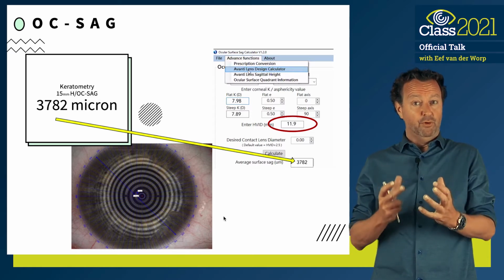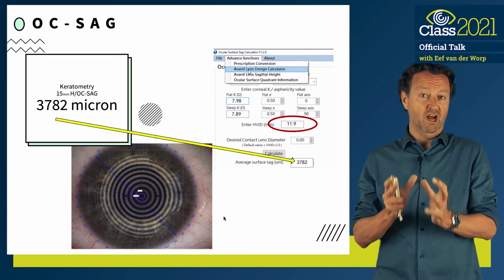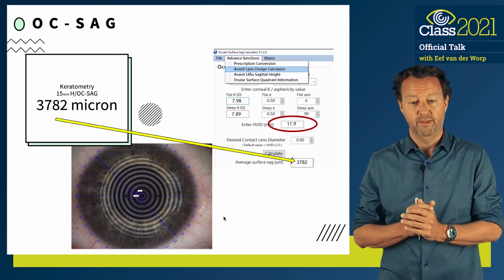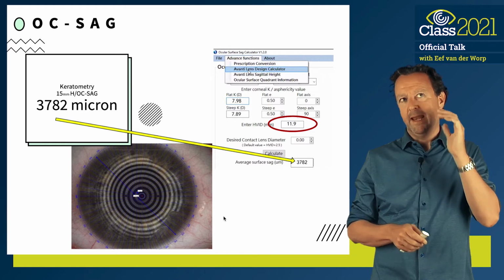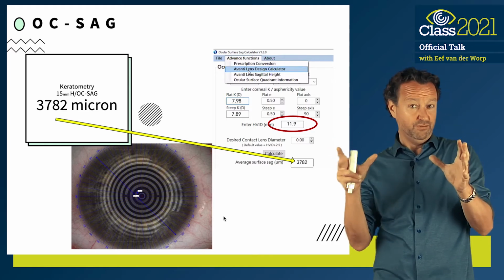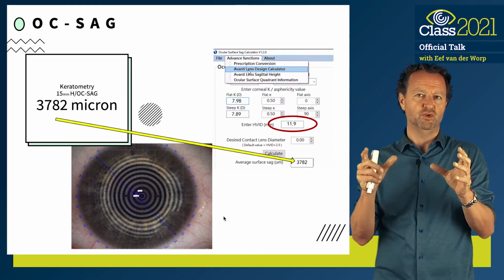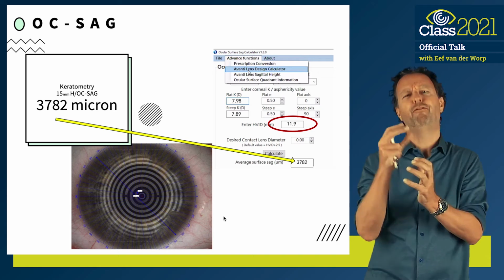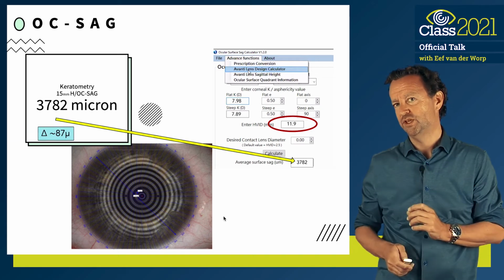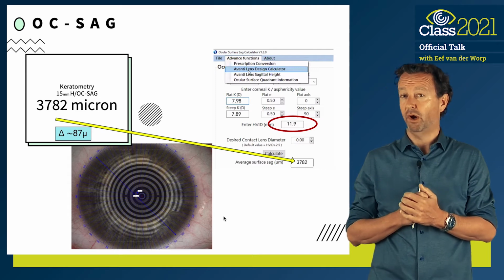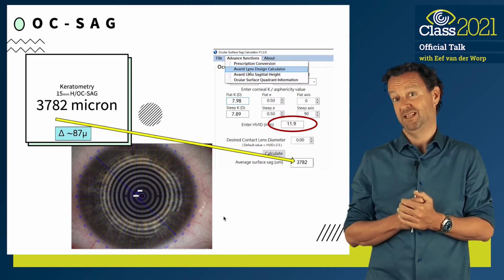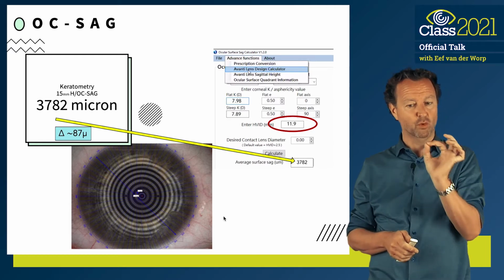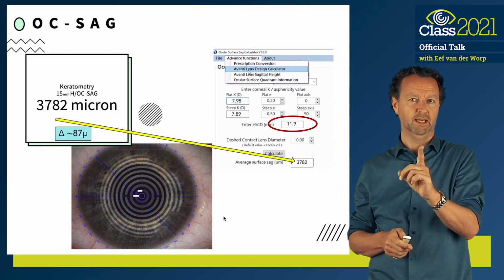If you do that for an 11.9 diameter eye, this is what you'll end up with: 3,782 micron. Now, if you take all the instruments for that particular eye that Jason used and take the average of that, how far off are we if we use this method? Not too far off, actually. It's within 100 microns, 87 to be exact, with this corneal diameter. And he used the oblique here.